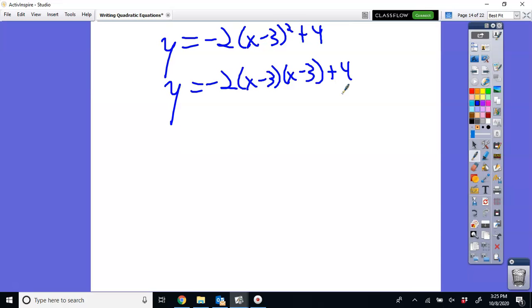That's not the same thing. Some of you may remember from some pre-algebra stuff that if you have two parentheses like this, you can multiply them together using something called the FOIL method. The FOIL method is a way of multiplying two parentheses together that have two terms inside the parentheses.